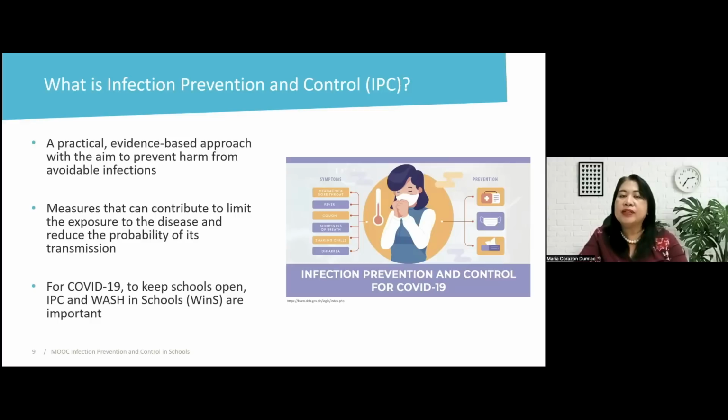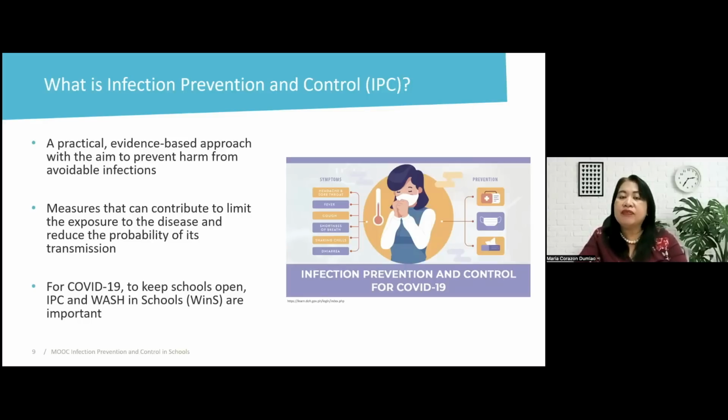It is important to bear in mind that preventive measures in school alone will not stop the disease from spreading, but increased vigilance and hygiene can at least contribute to reducing its spread. IPC measures are important both when schools are preparing for reopening and have resumed operations.